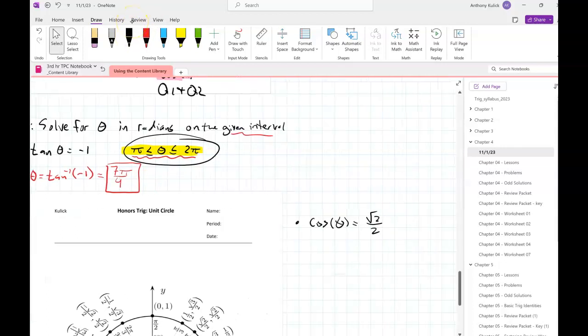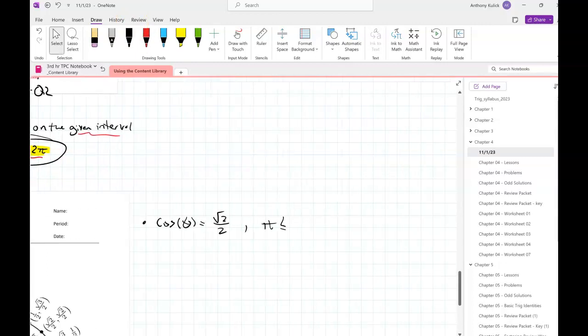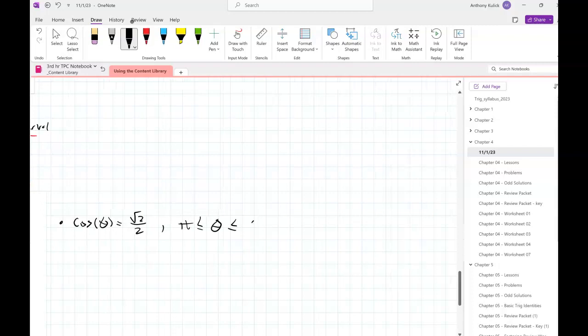Okay, so here's our next problem, or next example. Again, our given interval here is from pi to 2 pi. That's the same interval as above, so I'm just going to use the same color highlighting. If I do cosine inverse of both sides, we get that.